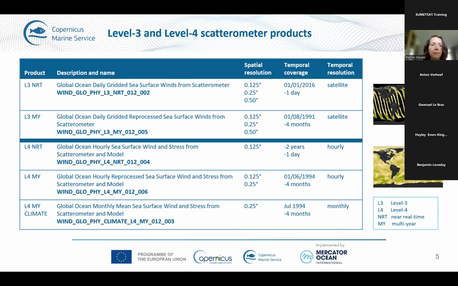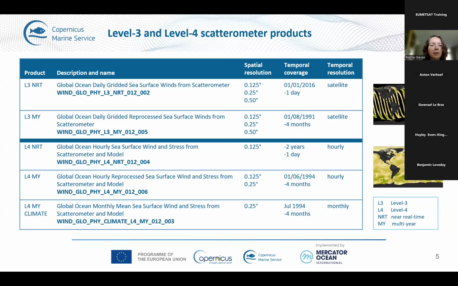The near real-time product is available after one day. So today you can get the observations for yesterday, and the multi-year product after about 4 months. And then we have level 4 products. There's two, a near real-time and a multi-year level 4 product, that have an hourly temporal resolution.